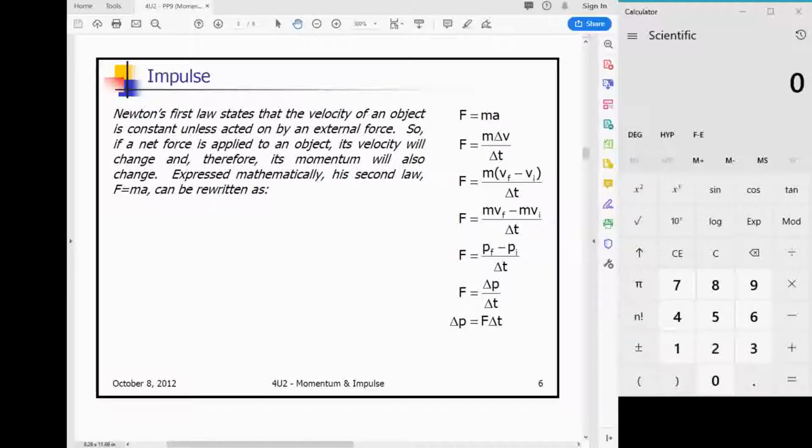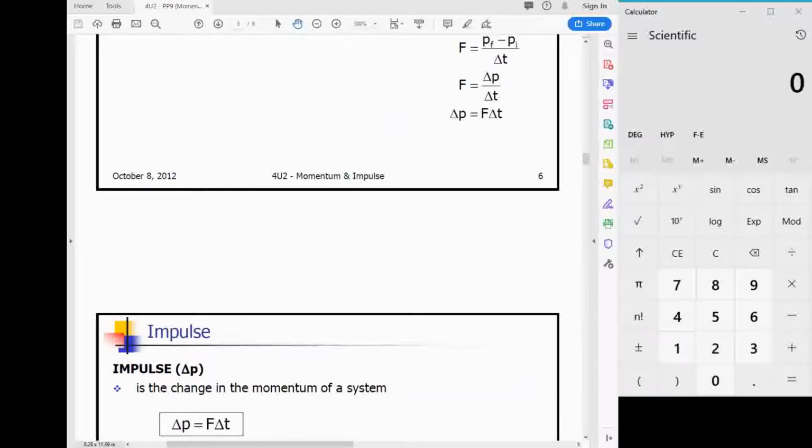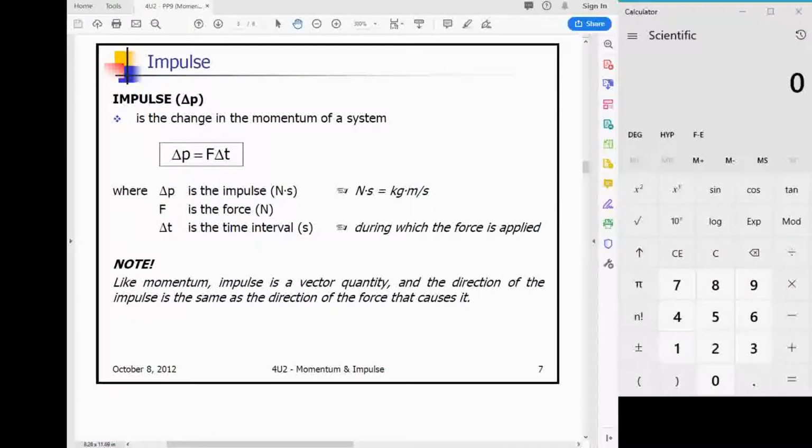So our F equals ma ends up being F is equal to the change in momentum over the change in time. And if we isolate that for the change in momentum, we have delta rho equals F delta t. So that delta rho, that change in momentum, is what we call the impulse.